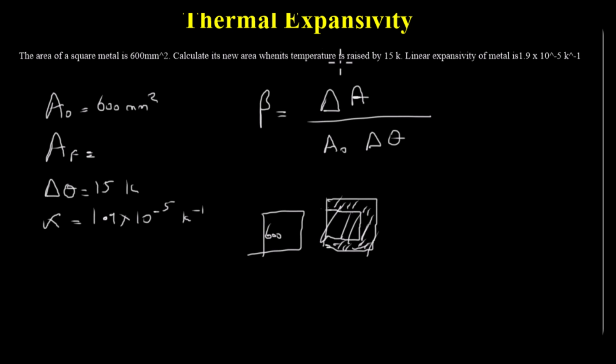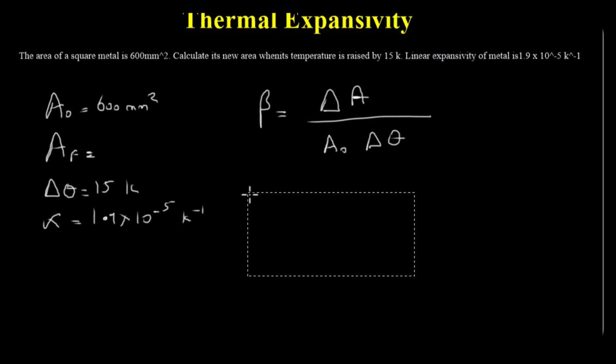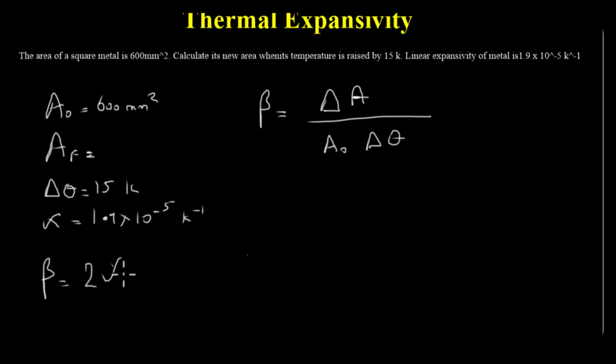Calculate its new area when its temperature is raised by 15 Kelvin. So I hope this makes sense, so that when we are solving, you would know why we are doing exactly what we are doing. Okay, so now, first of all, let's try and get beta. Beta will simply be 2 alpha, so 2 times 1.9 times 10 to the power of minus 5. 2 times 1.9 gives us 3.8, so it should be 3.8 times 10 to the power of minus 5.